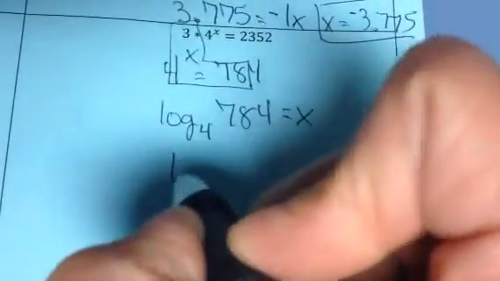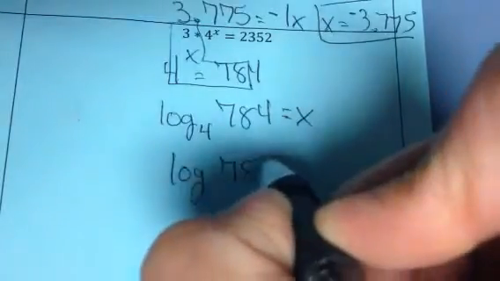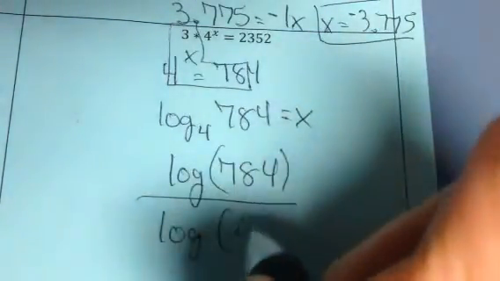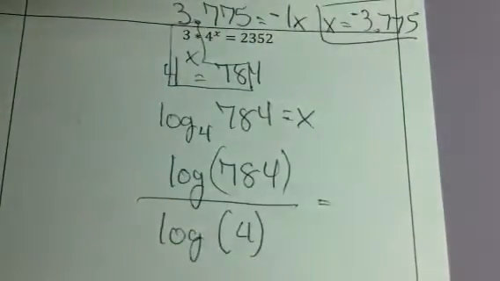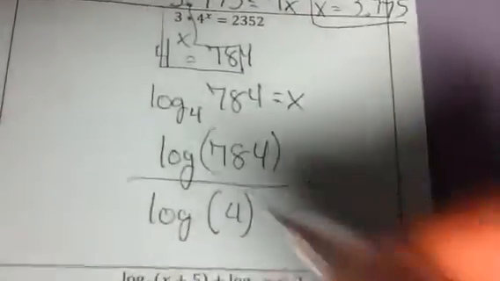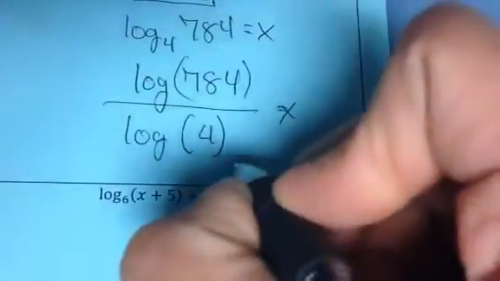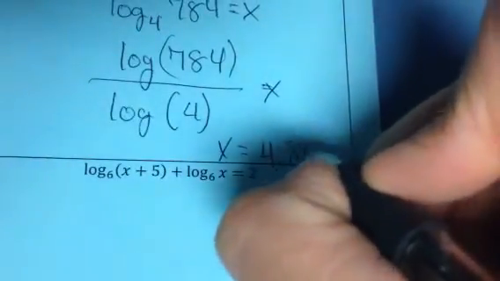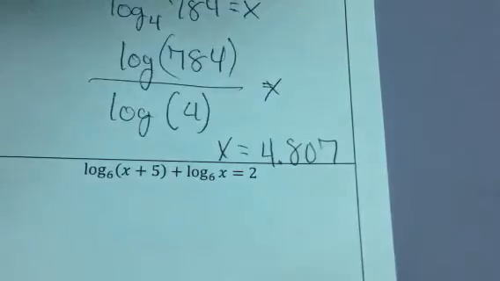And again, some of you can just type that in. The rest we're going to do this. So if you log of 784 and divide it by log of 4, you get this answer for x. X is 4.807.